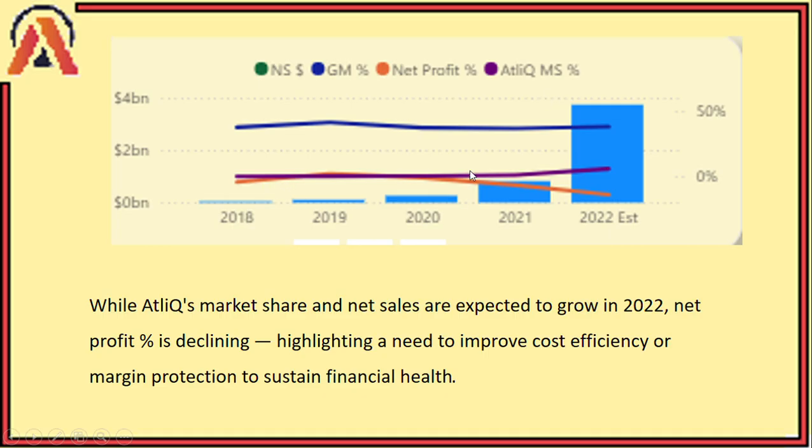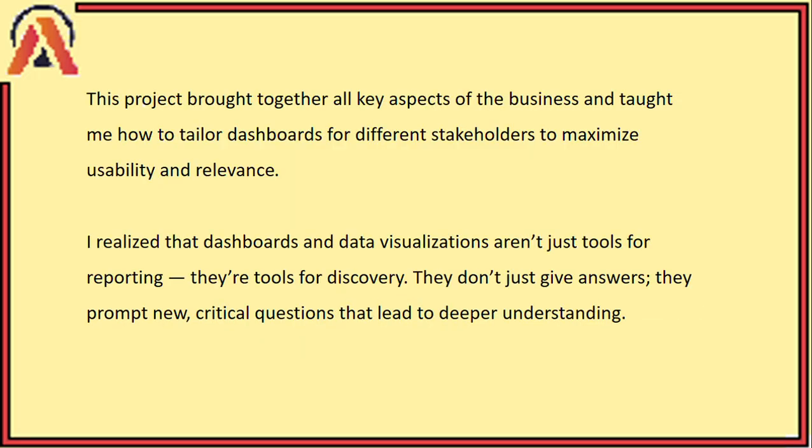Here you see the net profit is reducing, and this is the gross margin percentage, and this is AtliQ's market share. While AtliQ's market share and net sales are expected to grow in 2022, net profit percentage is declining, highlighting a need to improve cost efficiency or margin protection to sustain financial health.